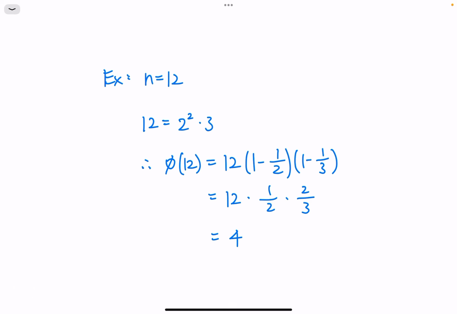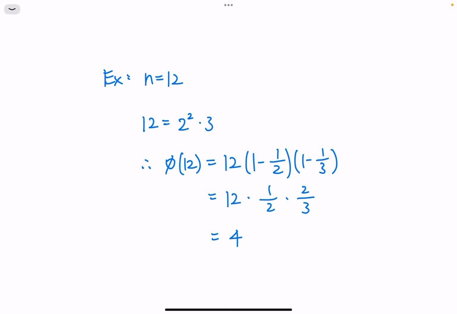First we take n and do prime factorization and write it down in that form. And we multiply the original n with the form 1 minus 1 over prime 1, times 1 minus 1 over prime 2, and so on. In this case, we take n equals 12 as an example again.